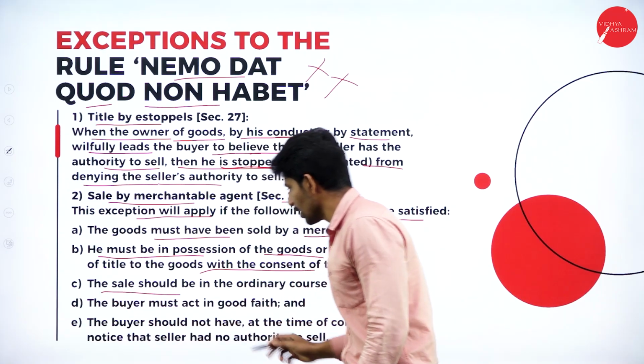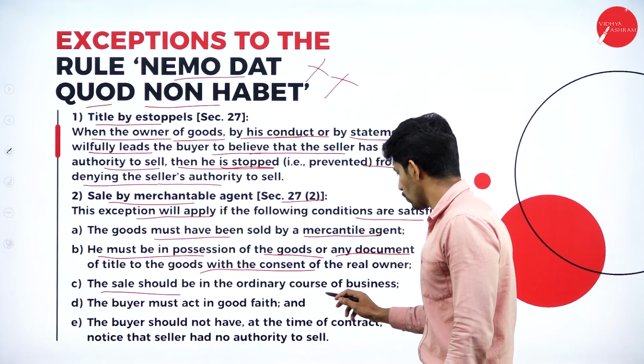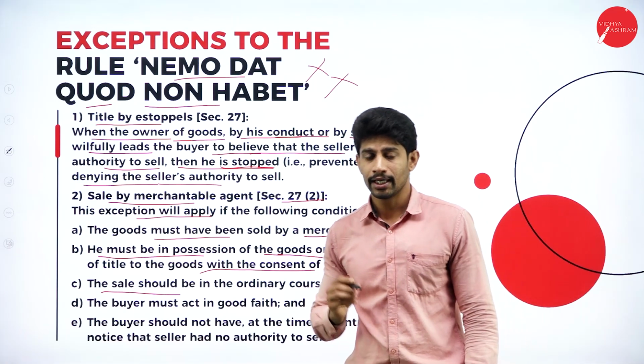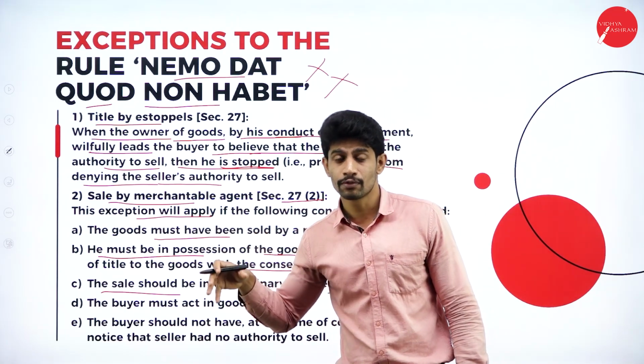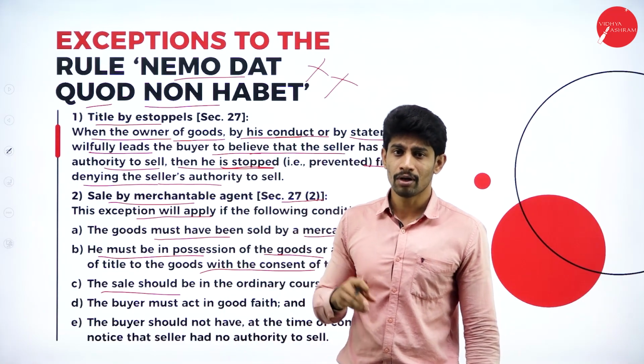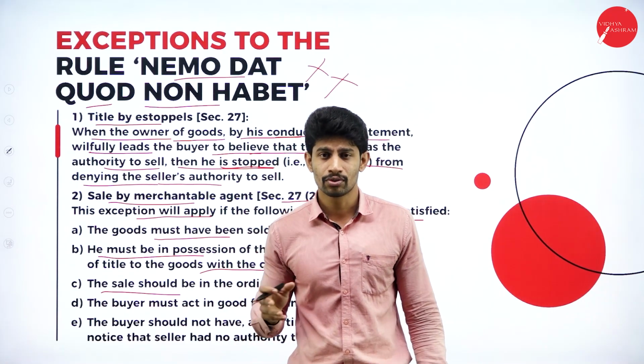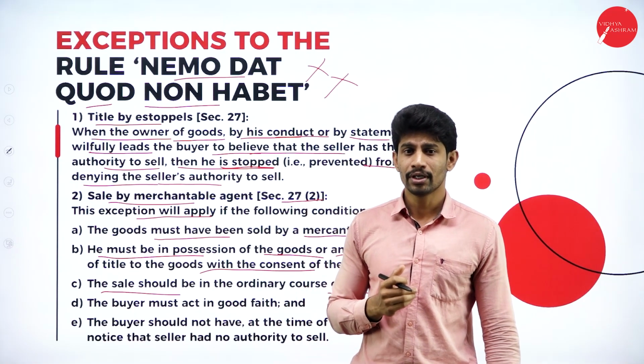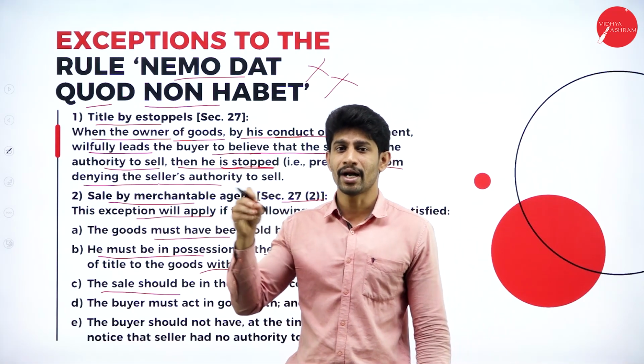Next, the sale should be in the ordinary course of business. Yes, if the sale is in the ordinary course of business, for example, you go and buy a shampoo. Okay, you go to a shopping mall or a provision store somewhere, and you purchase a shampoo by paying 100 rupees.